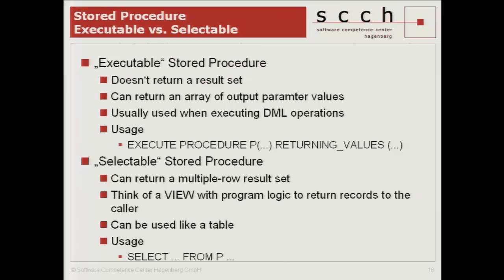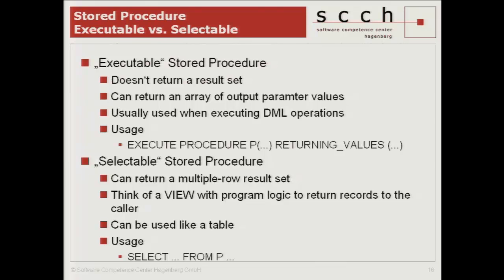The other way are selectable stored procedures, so they can return a multiple row result set. Think of a view in the database, but much more powerful with respect to having your own code, your own program logic here.